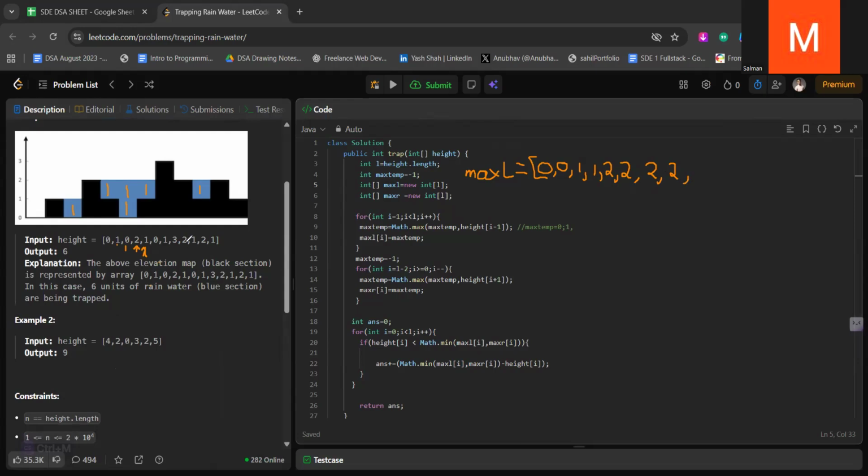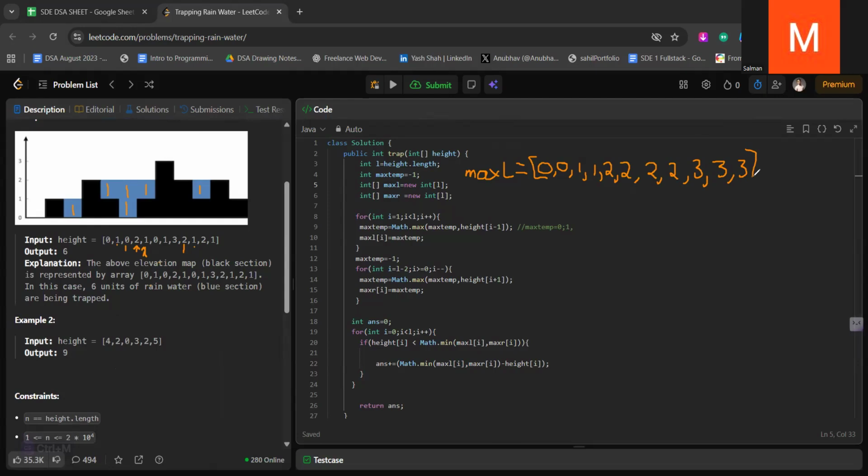Now when we are on this index, what is the highest element selection? It is 3. So from this index, the highest element of the left side changes. It becomes 3. And here also it becomes 3. Until the end, the highest element on the left side will remain 3.